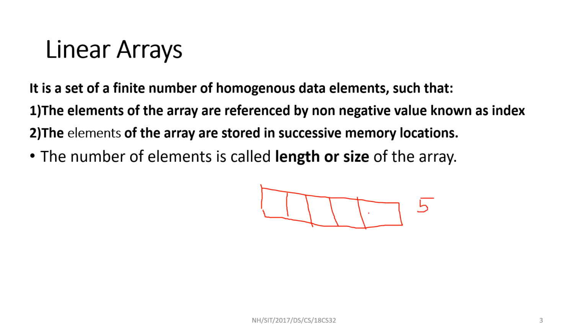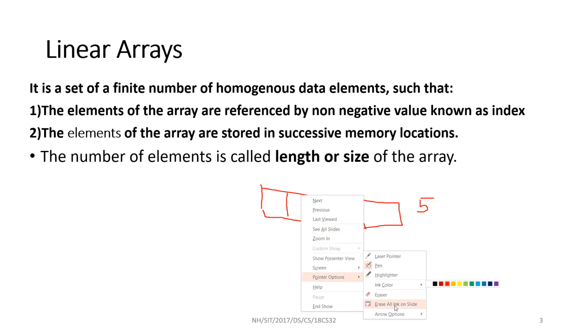Length of the array is 5. The actual number of bytes reserved for this array depends on the data type. If it is character and that character takes 1 byte, 1 into 5. If it is integer, an integer takes 4 bytes, 4 into 5, 20 bytes. In that way, the memory allocated is calculated.